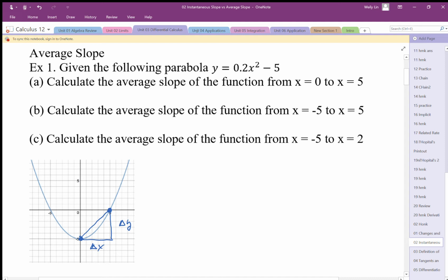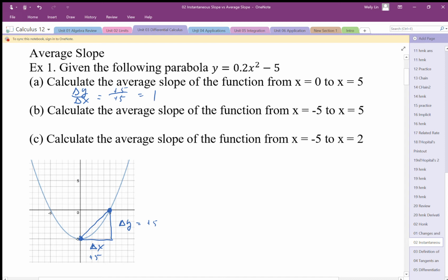So the average slope from there, if I just count it, the change in y is going to be plus 5, and the change in x is going to be plus 5. So the average slope from 0 to 5 is dy over dx, plus 5 over plus 5, which is equal to 1. That looks like a 45-degree triangle, so the slope is 1 through there.